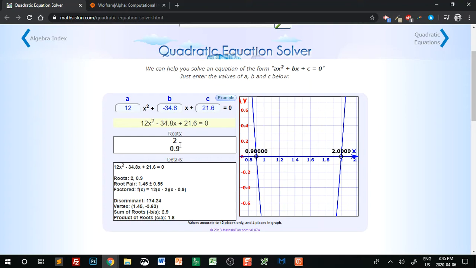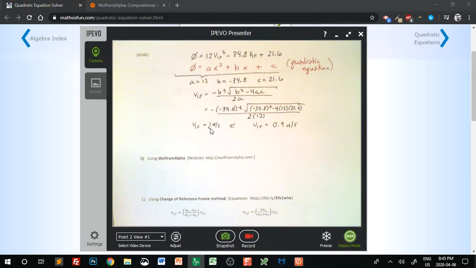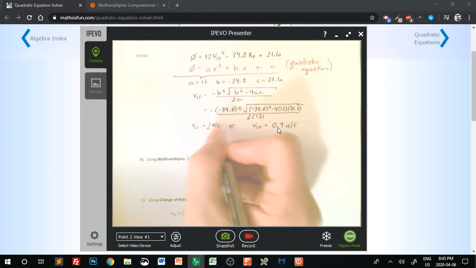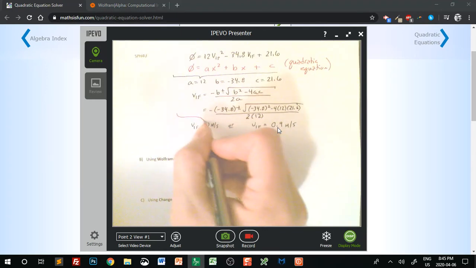Now if you're thinking about the question, you're looking at it going, wait a minute. The solution, and this always turns out to be true, the solution to the problem is 2 or 0.9. Well, this was the initial speed of the object.